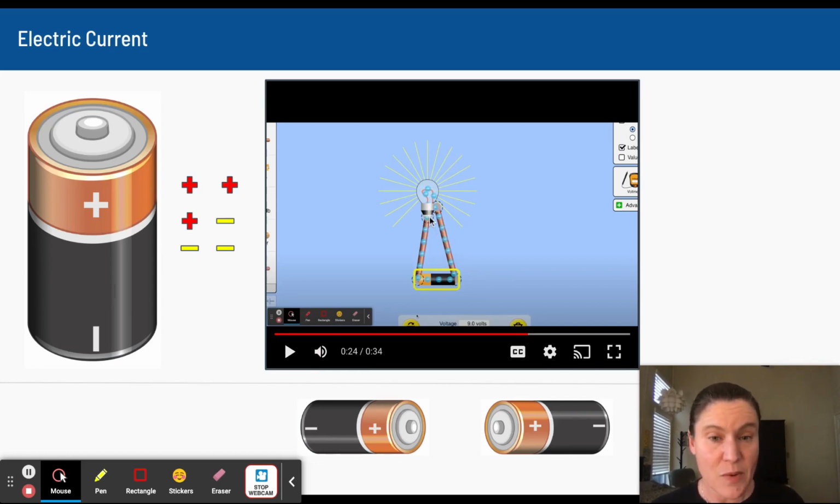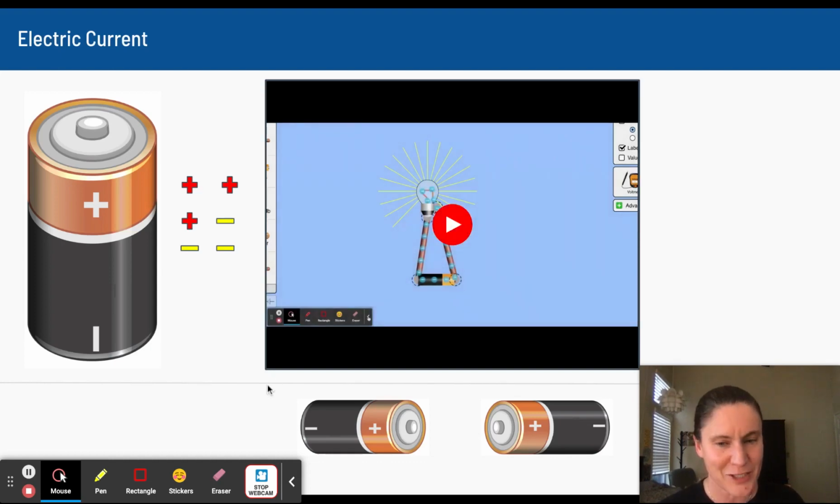Our negatively charged particles are being attracted to the positive end of our battery, and they are being repelled through the negative end of our battery. So we're going to flip it one more time and watch what happens to the movement. The movement changes again. This is why sometimes our electric devices don't work when our batteries are in the wrong direction.